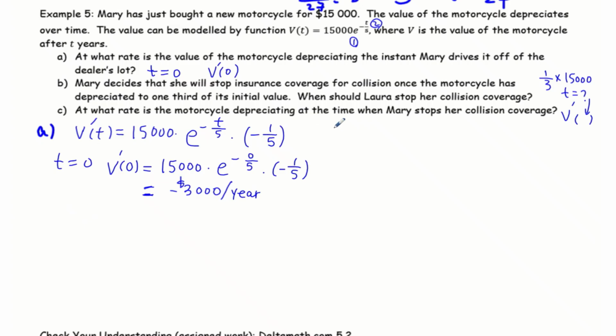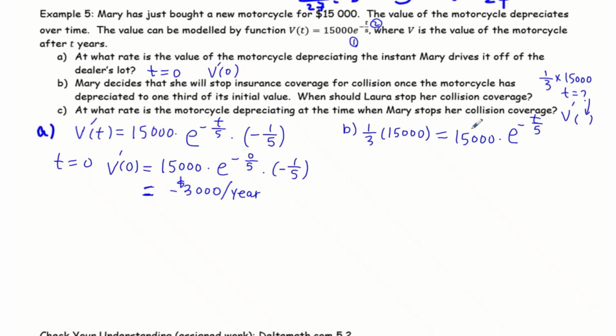And question B: when will it be 1/3? 1/3 times 15,000 equals this expression, e to the exponent negative t over 5, and we solve for t. In order to solve for t, we want to isolate t.